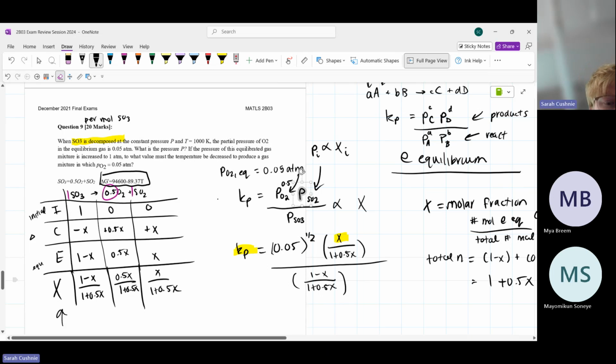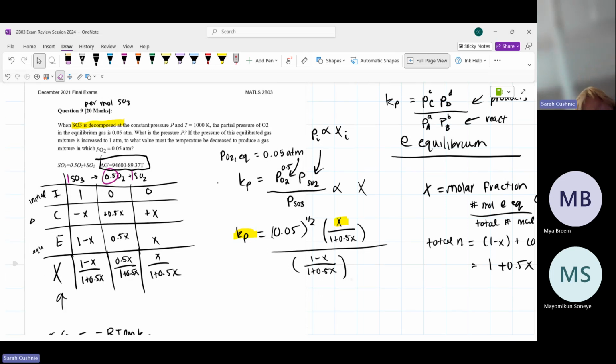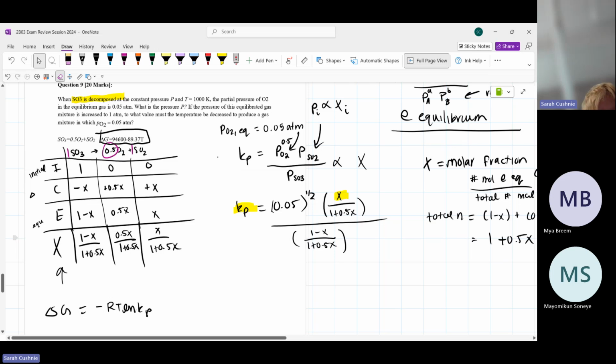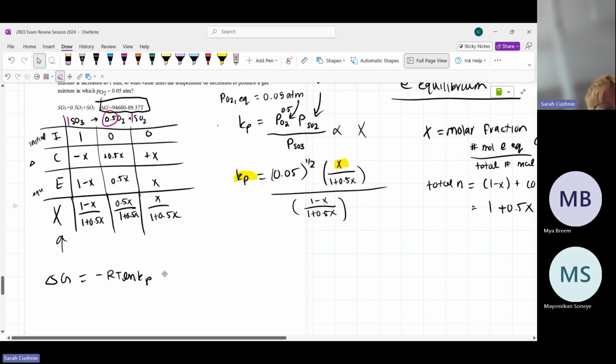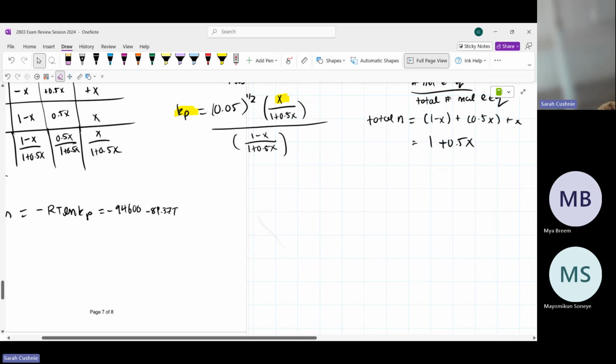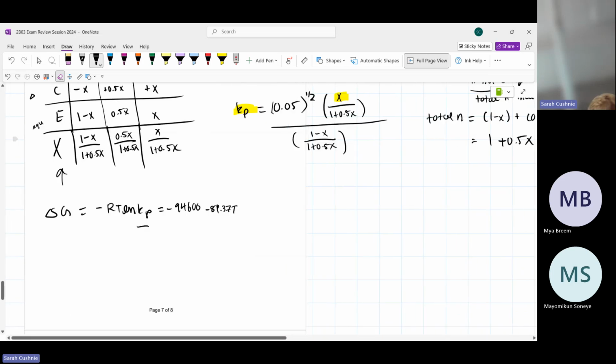We know our delta G, we were given that at the beginning. This is another strategy: ask what information we were given. So it's equal to negative RT ln Kp, which is equal to negative 94600 minus 89.37 T. We can rearrange this equation and solve for Kp.